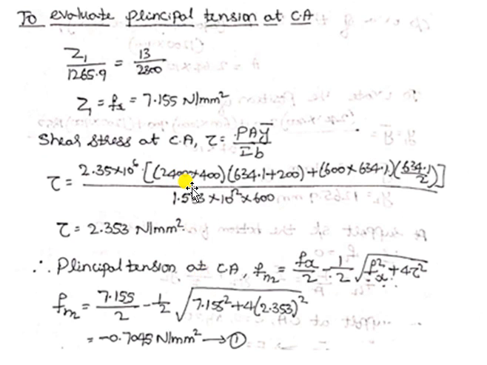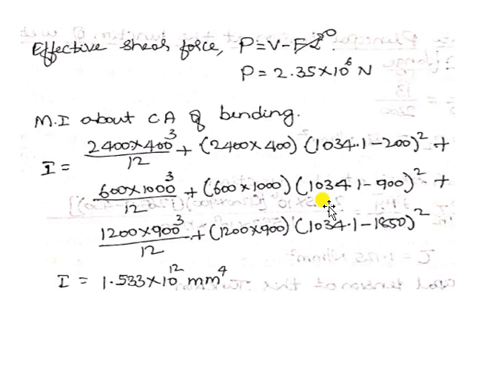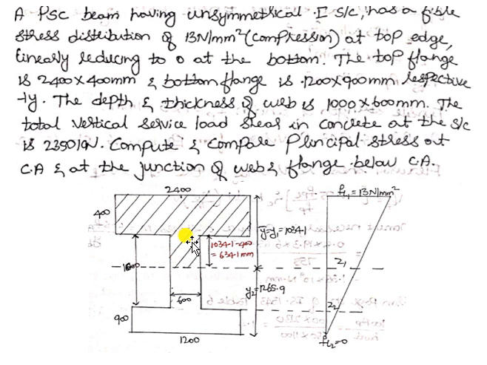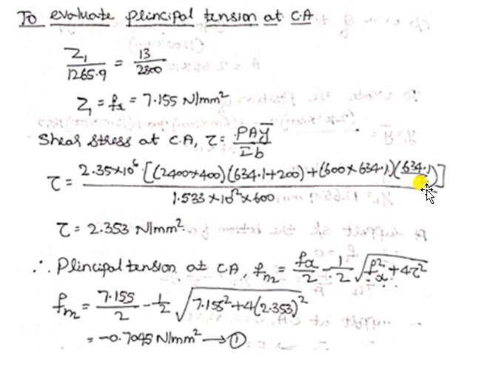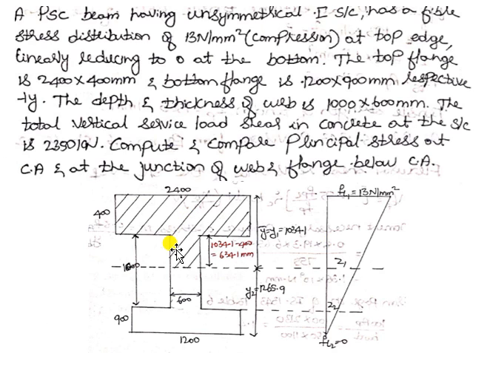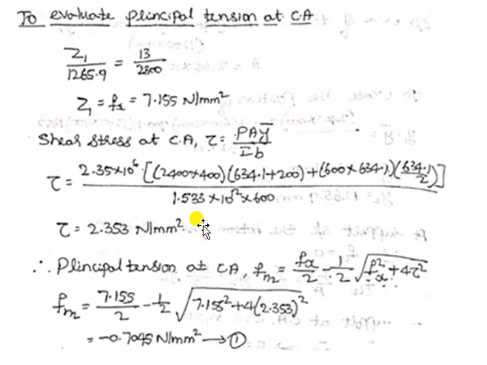So that area is 2400 into 400, and the centroidal axis is 634.1 plus 200, and 600 into 634.1 is the area of the web which is being hatched, and 634.1 by 2 is the centroidal distance of the web portion with respect to the centroidal axis, divided by I into B. I is the moment of inertia, B is the width of the web, which is 600 mm.